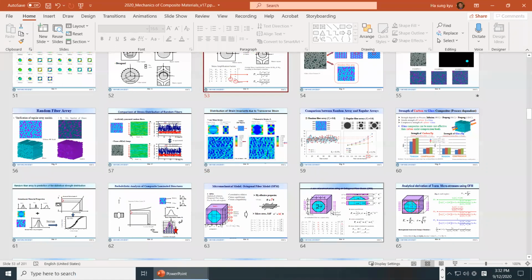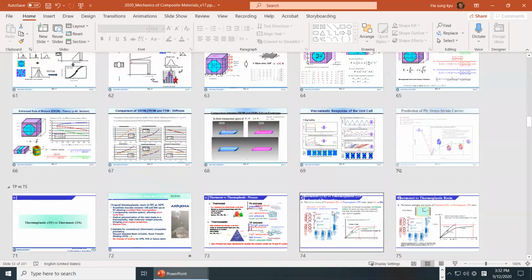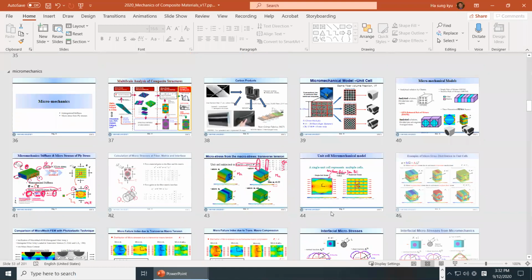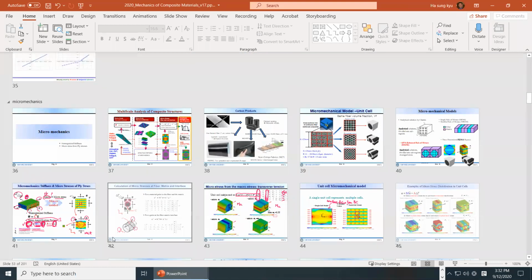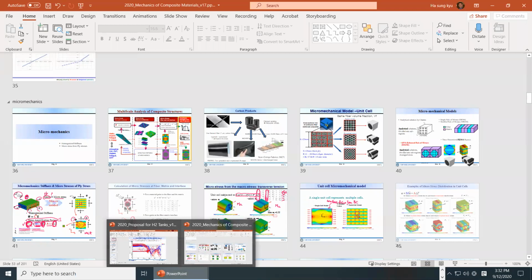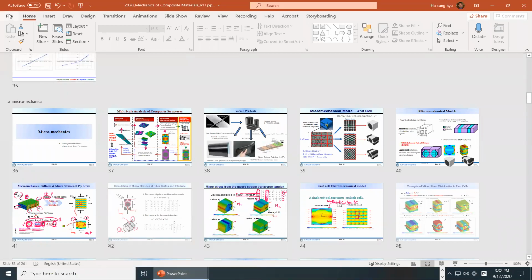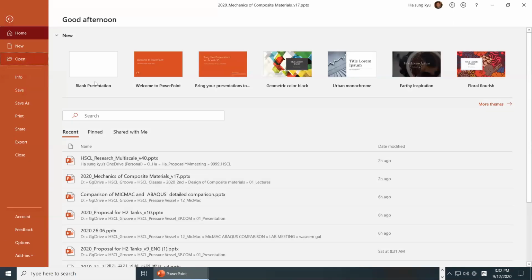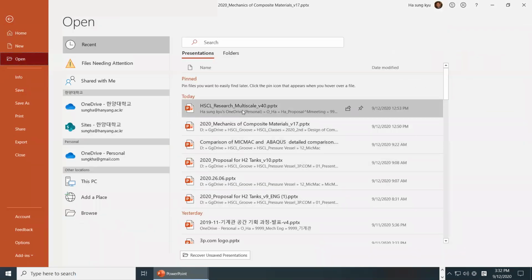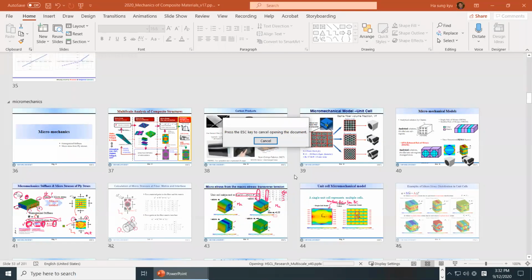And another very important concept of micromechanics is to calculate equivalent stiffness, which is often called homogenized material properties.